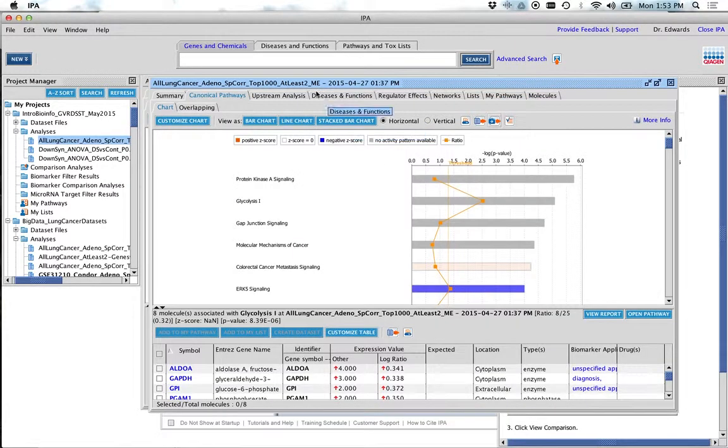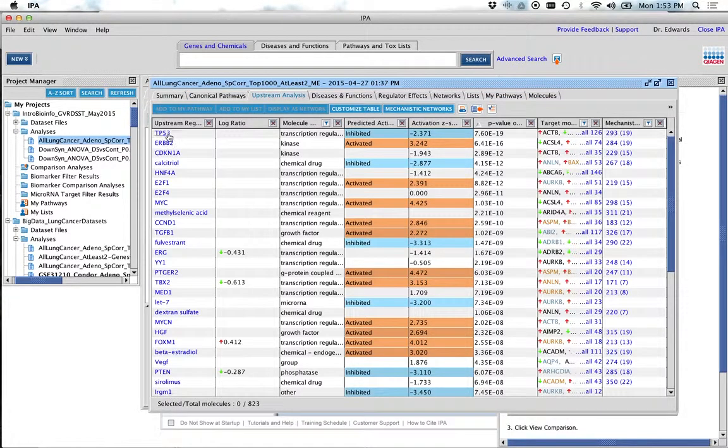Let's see some of these other upstream analyses. P53 is the top one. Out of those 900 and some genes that were in at least 2 of those studies, it interacts with 126 of them. And again, remember this column as you're going through here.